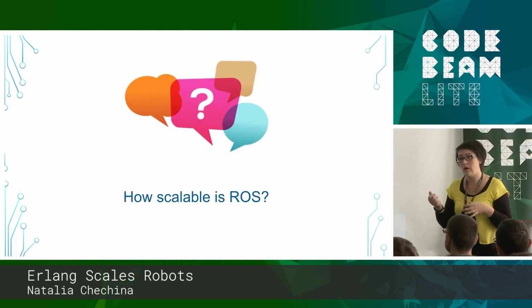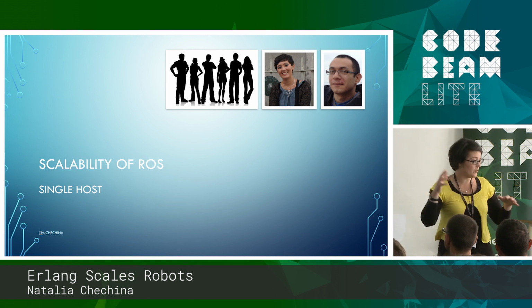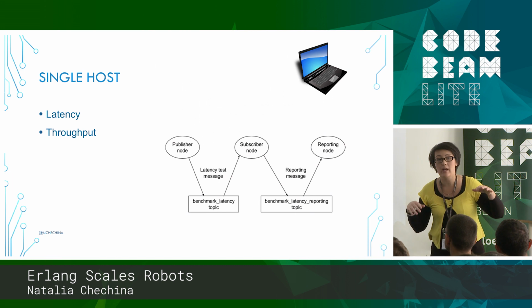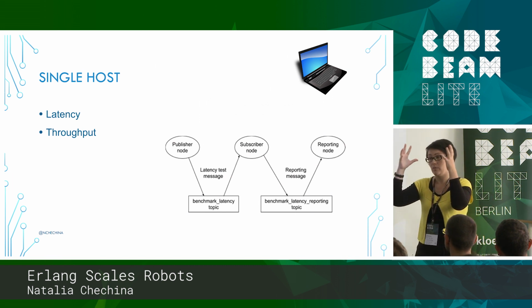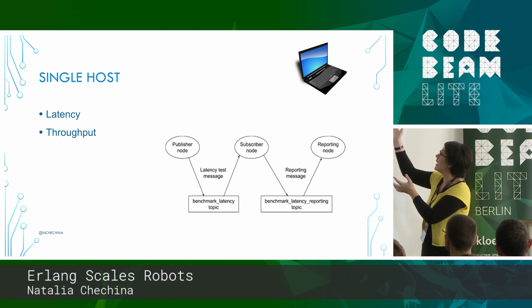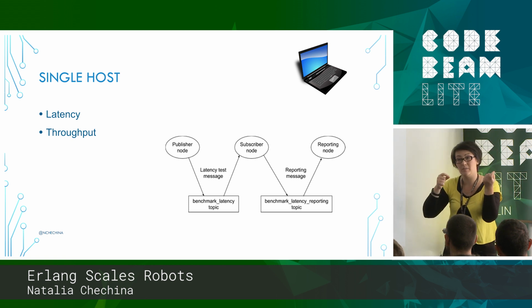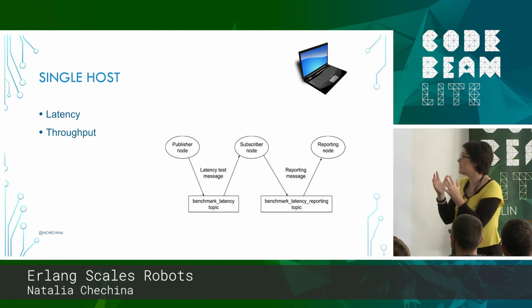So the question comes, how scalable is ROS? Gerard and I had a group of students, and the first thing we decided to do was to analyze ROS scalability on a single robot, a single host. We took just a laptop, and we wanted to see how scalable it is and what parameters impact scalability.